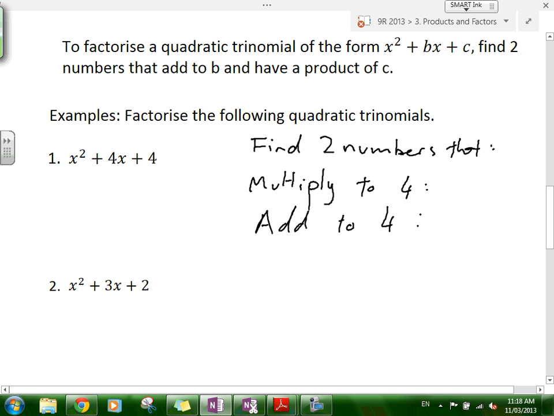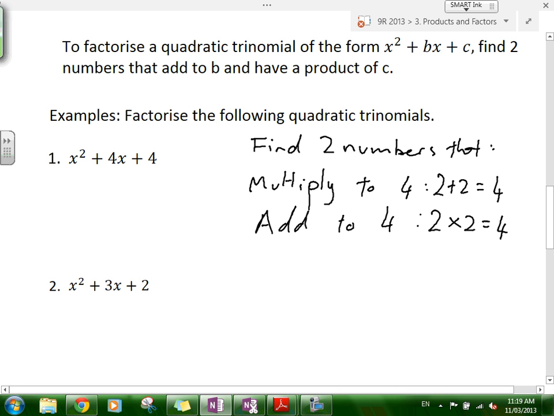I have a product of 4 and a sum of 4. And yeah, 2 and 2. 2 plus 2 is 4. 2 times 2 equals 4 as well.